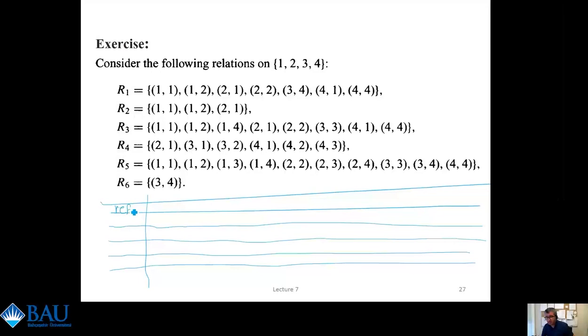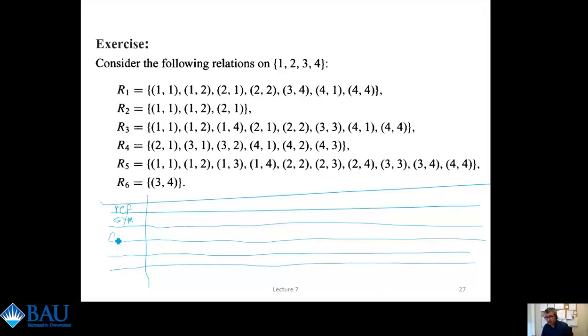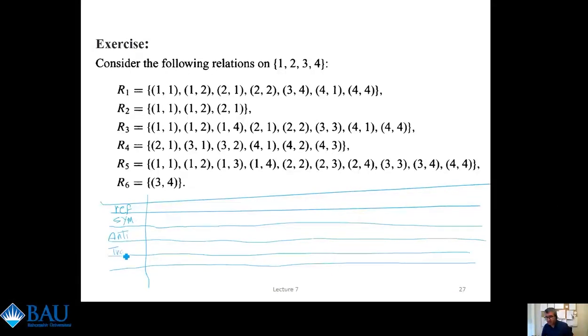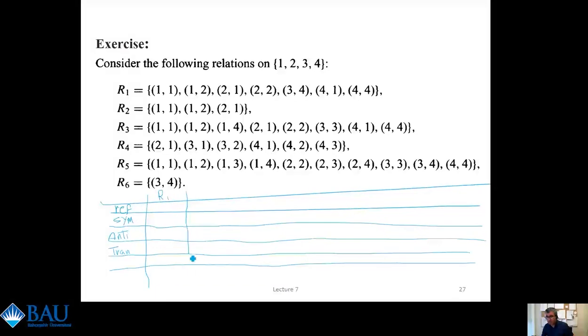Reflexive, symmetric, antisymmetric, and transitive. R1, R2, R3, R4, R5, R6. I want to add some things.